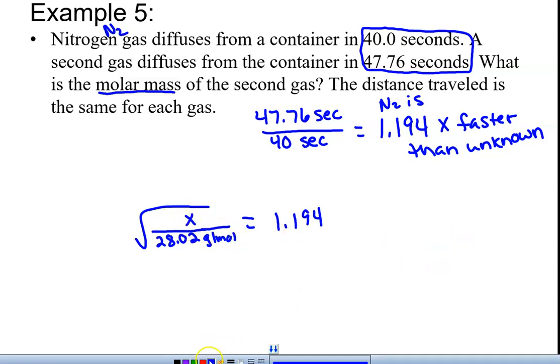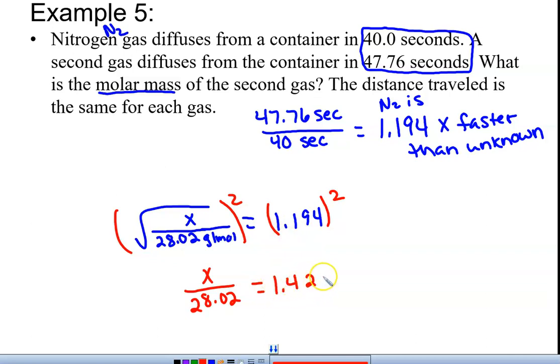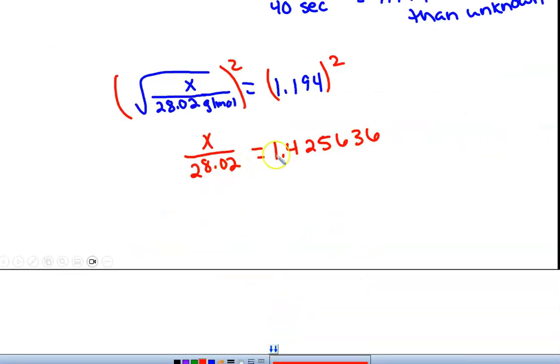So we've got a scenario like we did on a previous example. The only difference is I had to use this to get to that. So switching to red, I'm going to square both sides. That just gets rid of the square on this side, and I can get rid of my units for now. And then I would tell you, probably just leave this number in your calculator. I'm going to go ahead and write it down so you can check yourself. All right, and then I've got to get that over there.